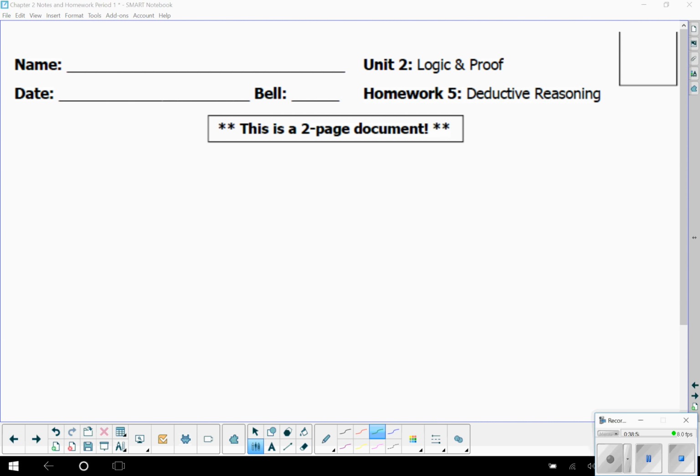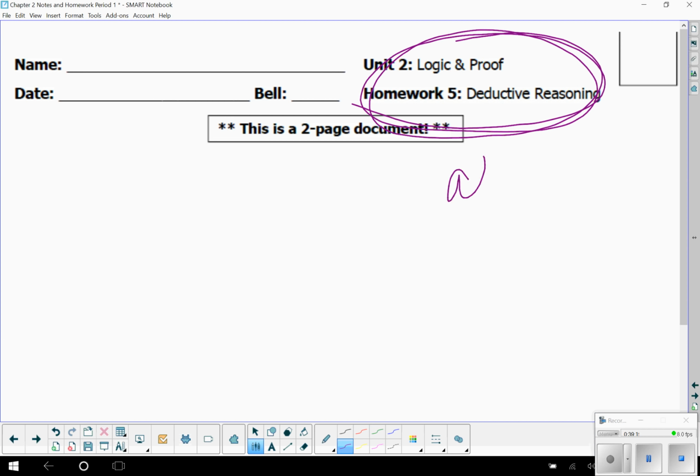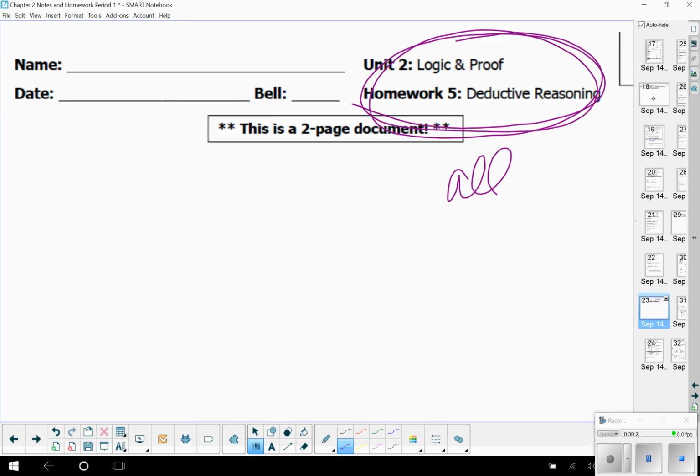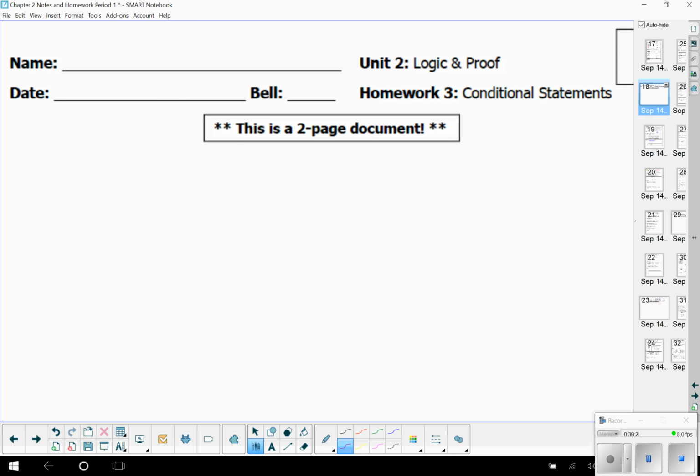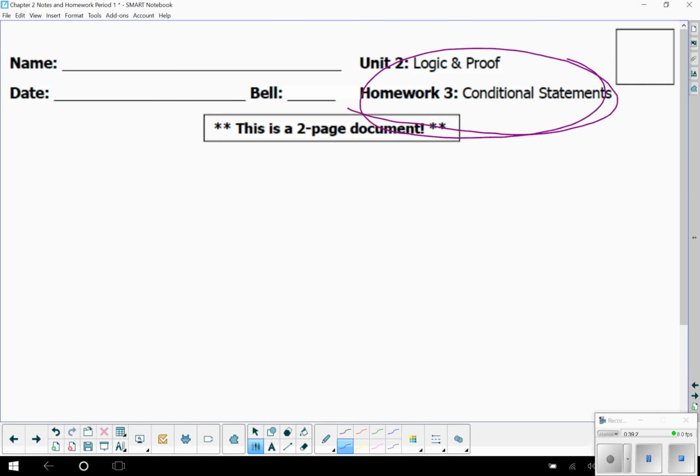Okay, so your homework for this weekend is homework 5, which you see right here, and you're going to do all. And then homework 3, you're going to do all.